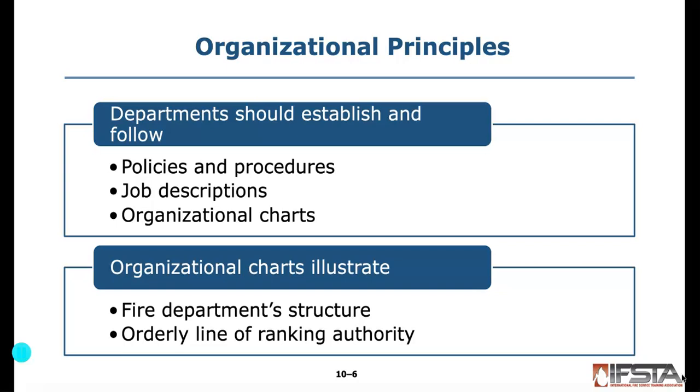All right. So your org chart, the chief is going to be the leader. In the department I work for, we have deputy chiefs that are in charge of the operations bureau, the fire prevention bureau, and the support services bureau. And then we have non-sworn staff that run our administrative bureau outside of the fire chief, who is the head of all of it. Under our deputy chiefs in each bureau, we have an assistant chief.